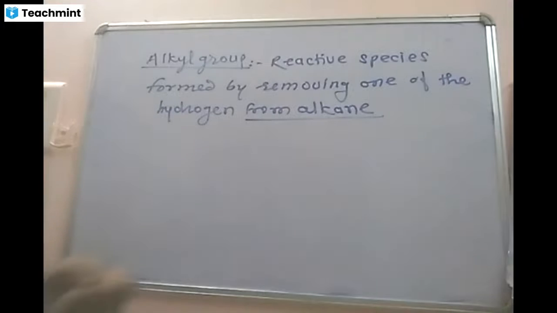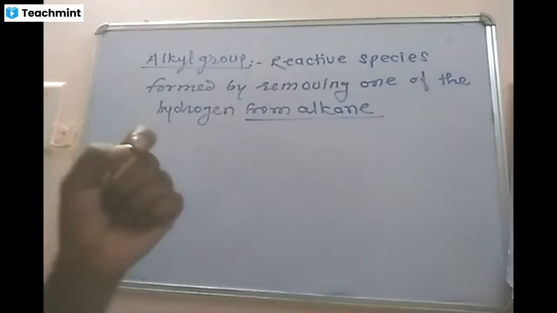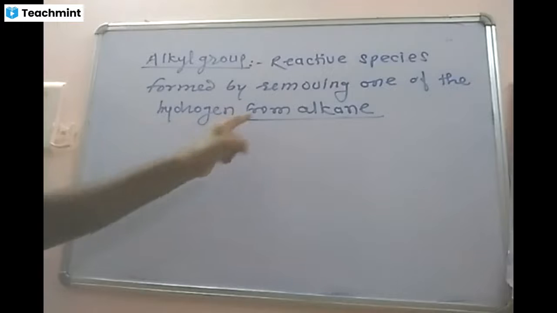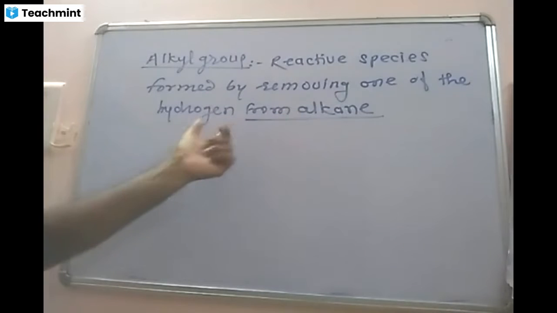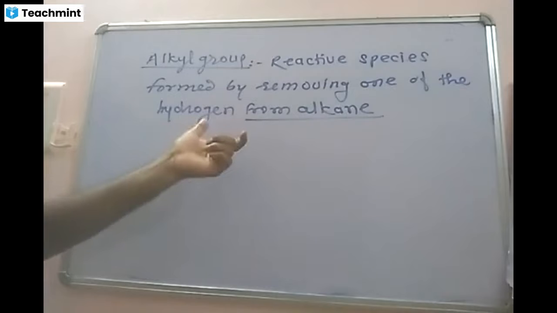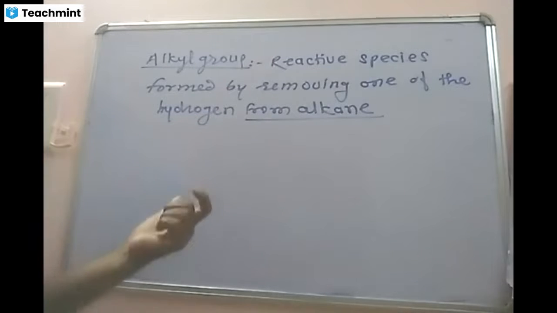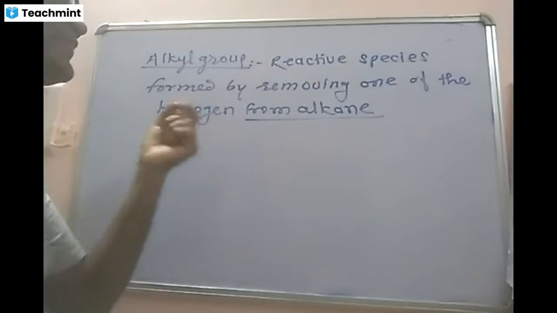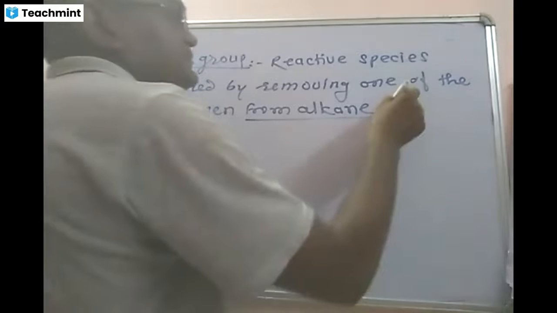What you have to do now? You have to remove one of the hydrogen from alkane. By removing one of the hydrogen from alkane, you are getting such type of reactive species or group. This is a reactive species or a group which is formed by removing one of the hydrogen from alkane.